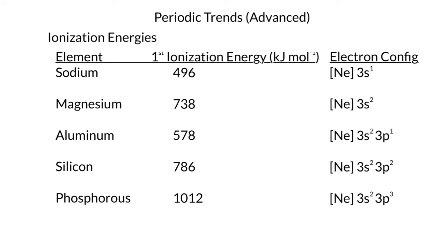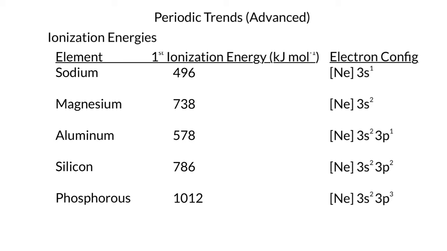It's a less stable orbital than the 3s orbital is. Because the 3p orbital is less stable, it doesn't require quite as much energy to take away an electron from there as compared to the more stable 3s. Once we move on to silicon and phosphorus, those are also taking electrons from the 3p sublevel, and therefore we start to see that trend increase again in ionization energy.